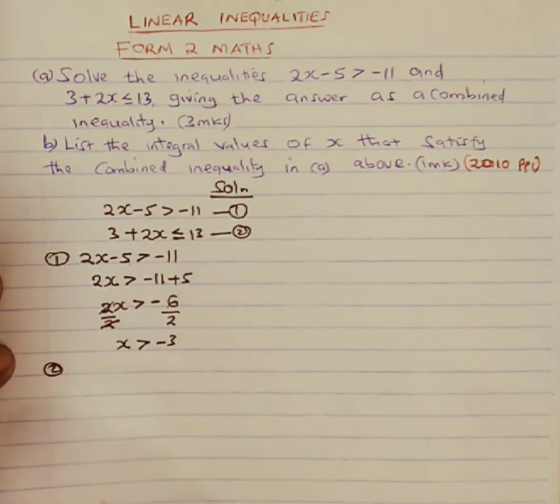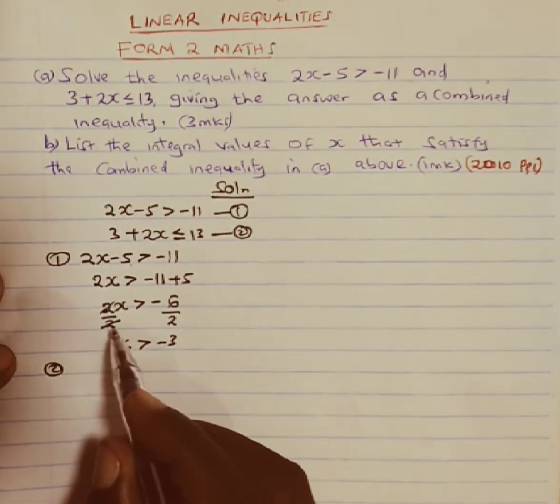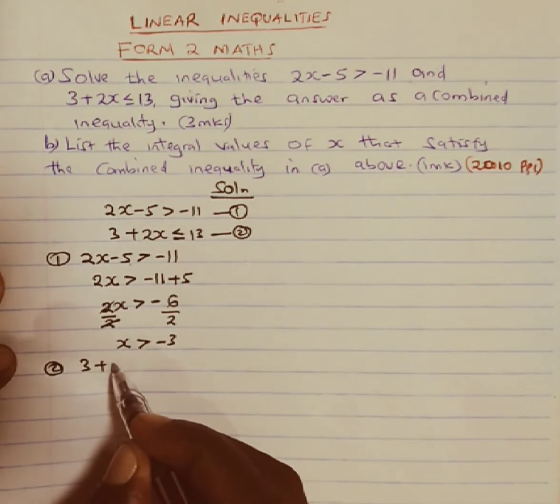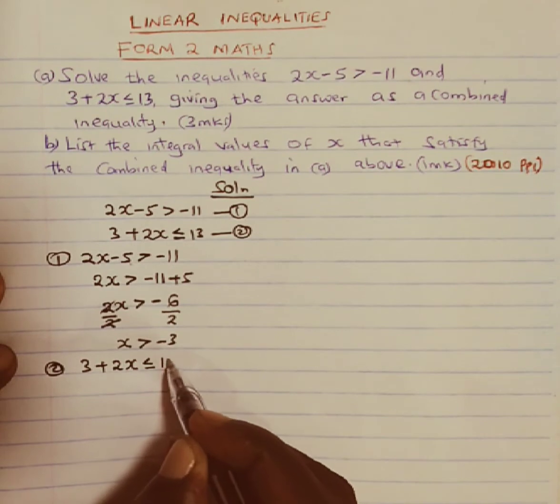Then number 2, we are going to have 3 plus 2x being less than or equal to 13.